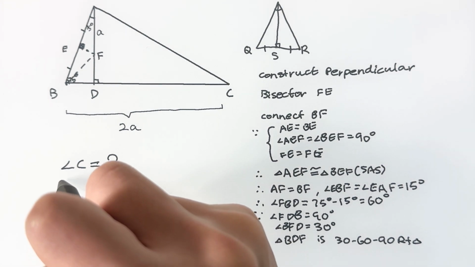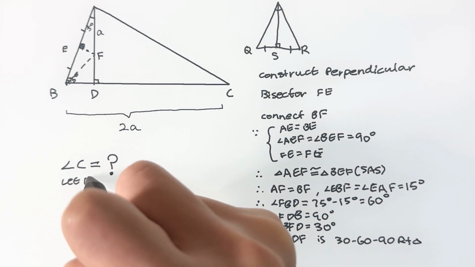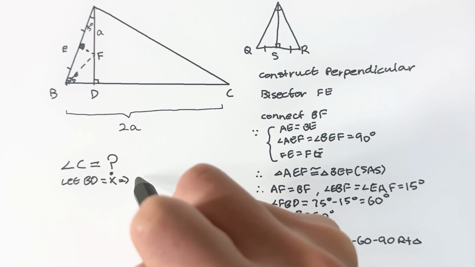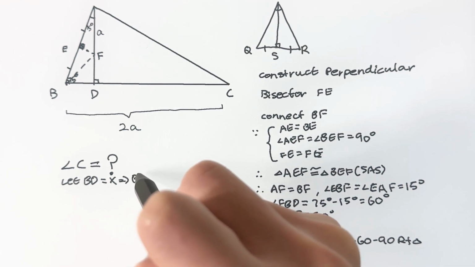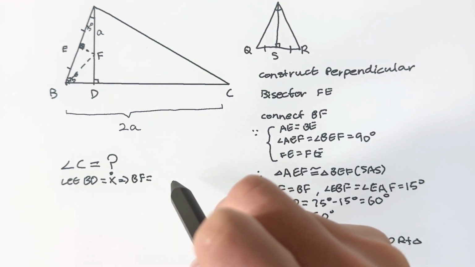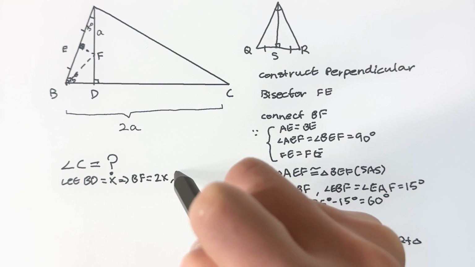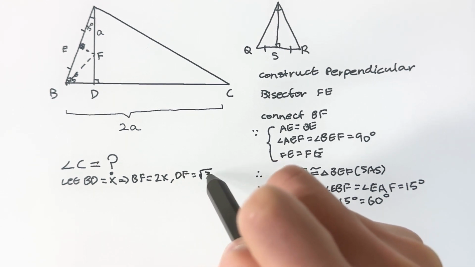First, we can let BD equal x. So by the proportions in a 30, 60, 90 right triangle, BF will equal 2x, and DF equals square root 3 x.